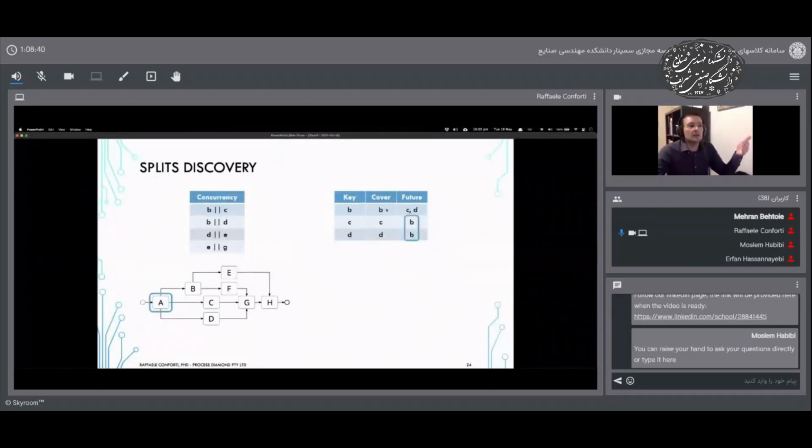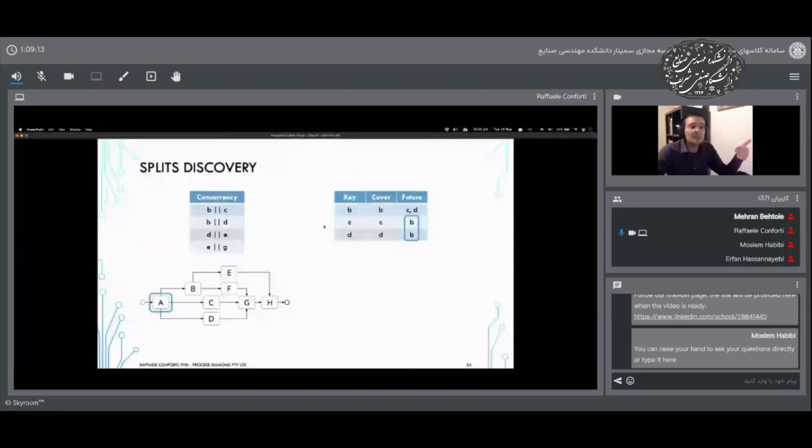How do we analyze it? First of all, we look for relations that in their future, so basically what we see after this activity has been performed, have the same activity. This allows us to conclude that if both C and D, after the execution, are both only seeing the activity B, it means that C and D are mutually exclusive.